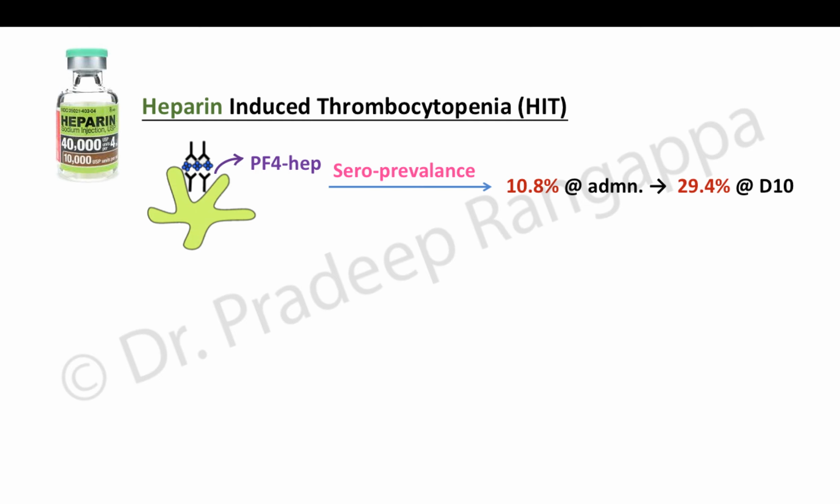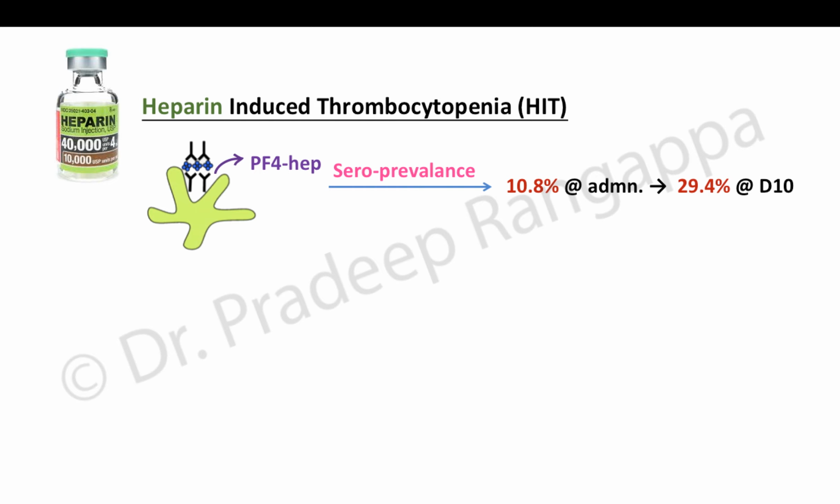So what is the seroprevalence of this PF4 heparin complex expression? It is around 10.8% at admission. Anyone who receives heparin, I think 10.8% of the patients are known to manifest this PF4 heparin complex expression, and this expression can increase up to 29.4% at day 10, but not necessarily does everyone who expresses this develop thrombocytopenia.